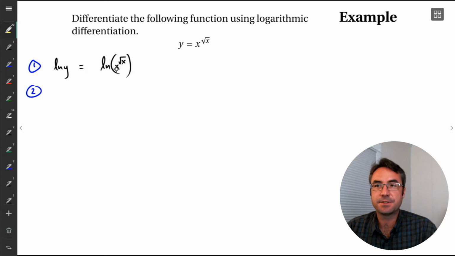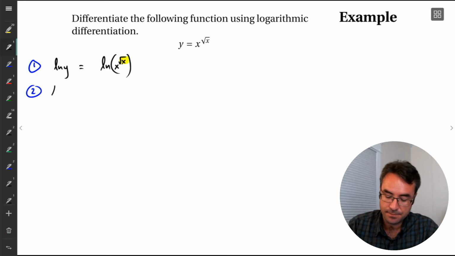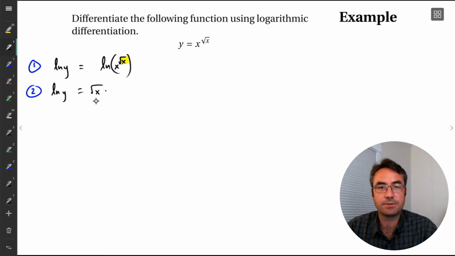So if we look at this, there is an exponent here, and everything inside is being raised to that exponent. So it's x raised to the square root x. So we can take this square root x. We have our log property that allows us to take this exponent, move it outside the log function, and then it just becomes multiplication outside the log function.